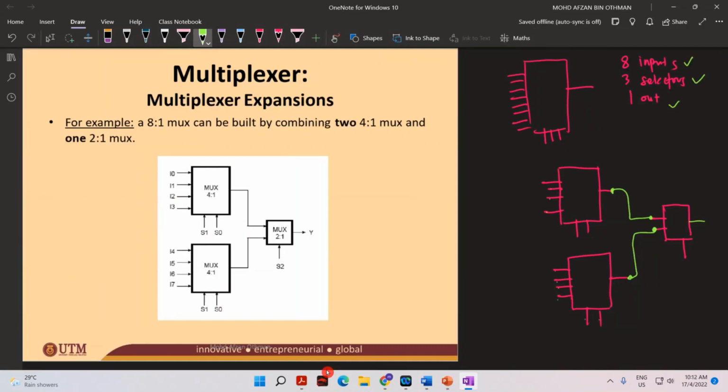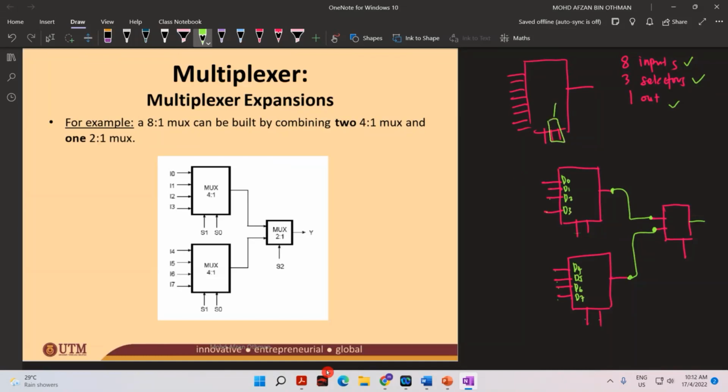Okay. So, kita nak letaklah dia punya ni. So, yang ni adalah D0. This is a D0, D1, D2, D3. And this become D4, D5, D6, D7. Macam mana dengan selector? So, selector ni akan ambil yang ni lah.